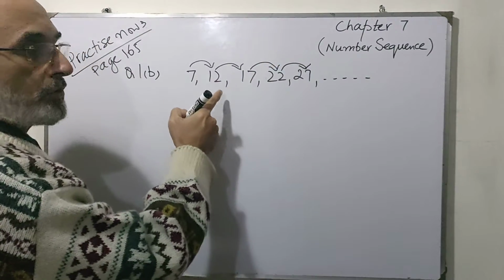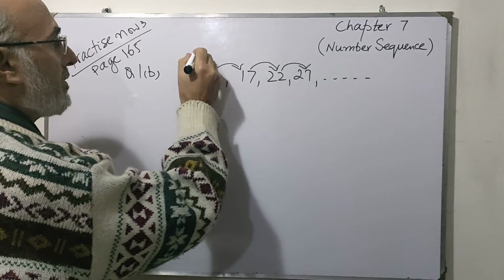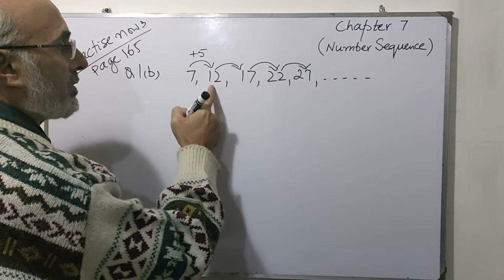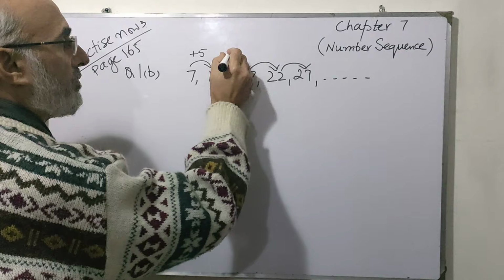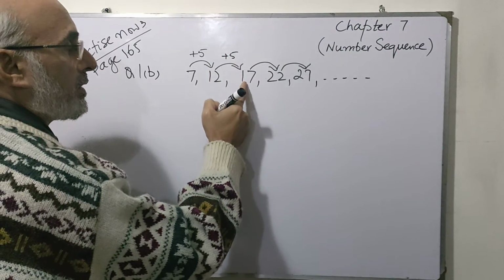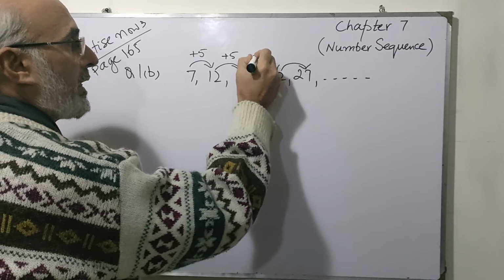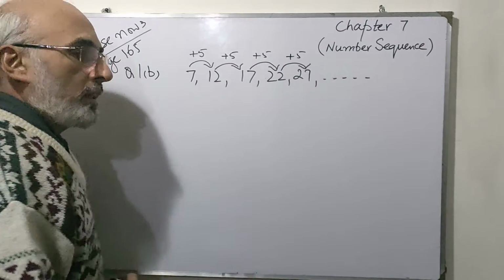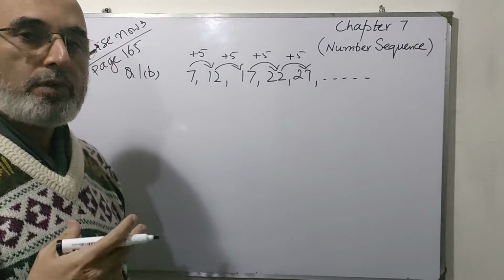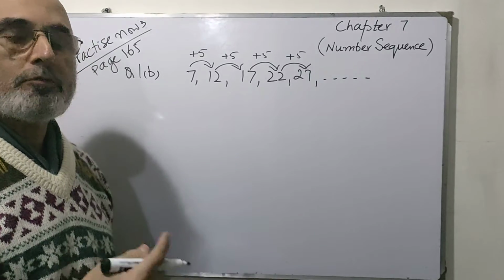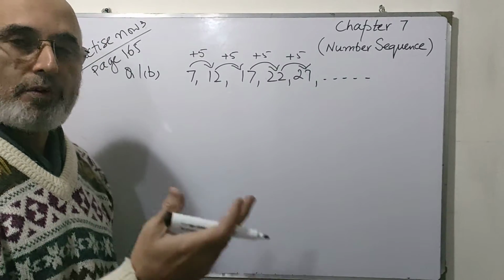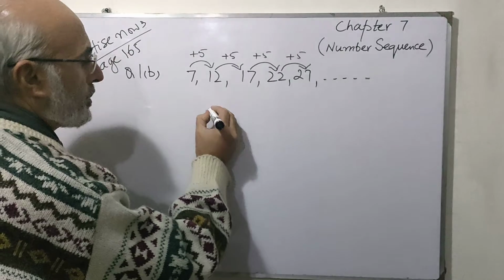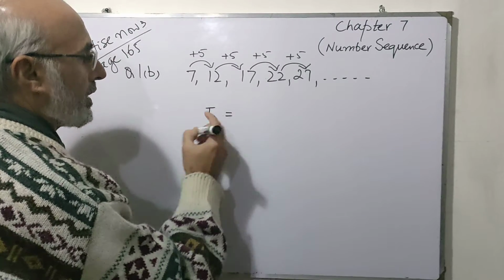From term 1 to term 2, what is happening? We are adding 5. Second to third, we are adding 5. Third to fourth, adding 5. And fourth to fifth, adding 5. So the common difference is 5, and to get another term, what are we doing? We are adding 5.